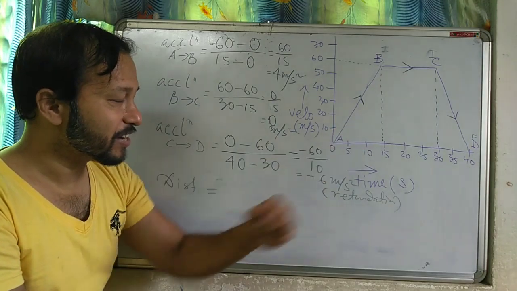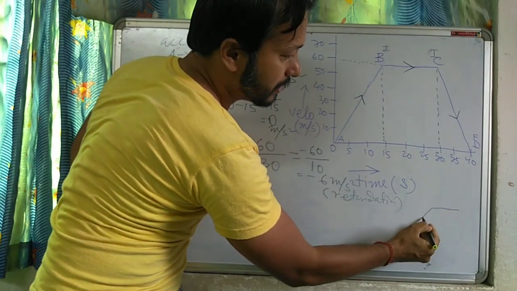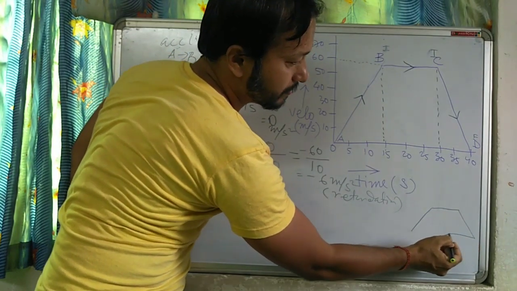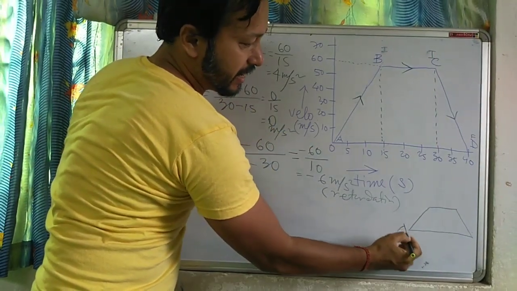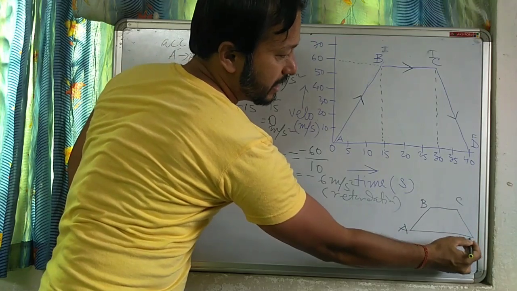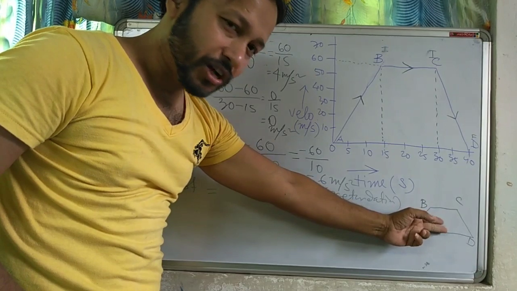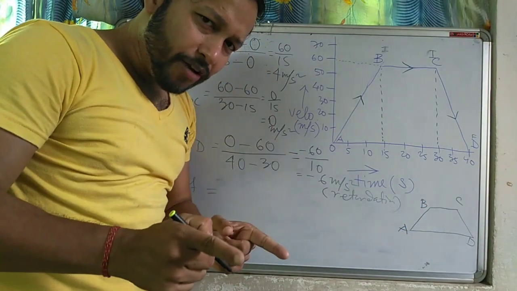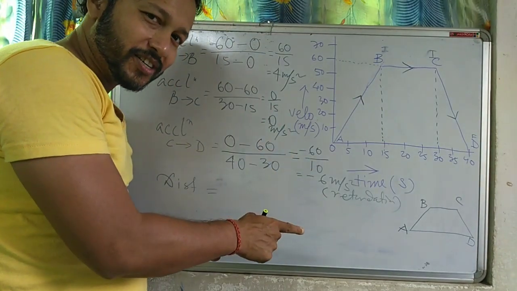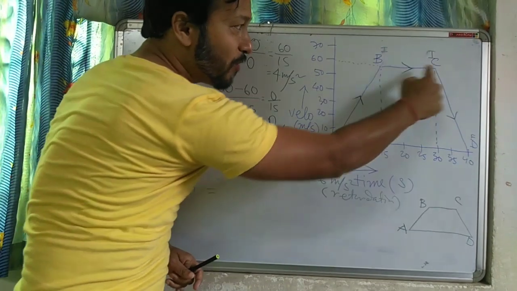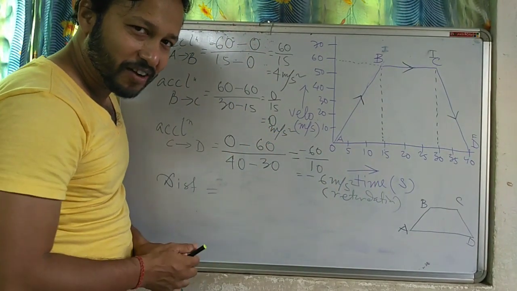If I draw it separately, this is the shape, A, B, C, D. So it's a trapezium. Now, if you find the area of this trapezium, that area will give you the distance covered by the object.